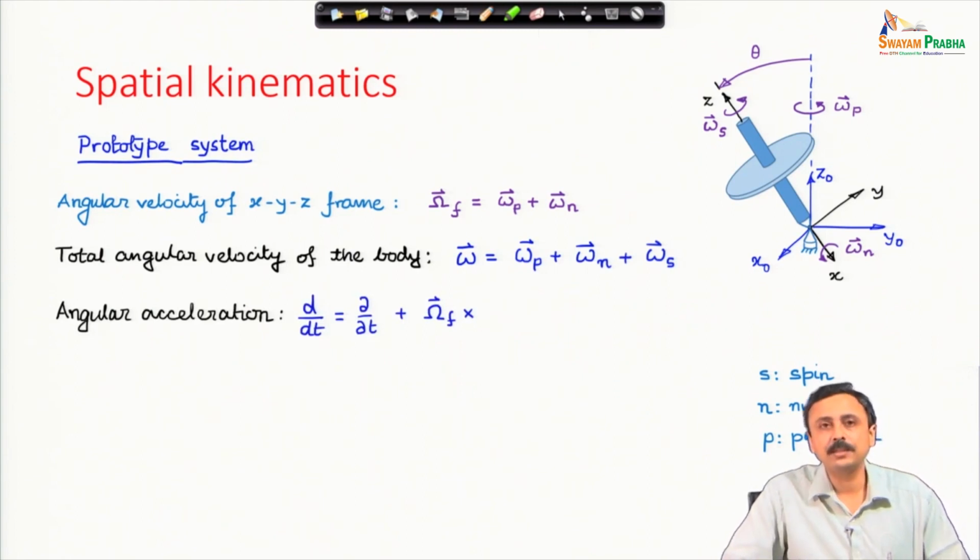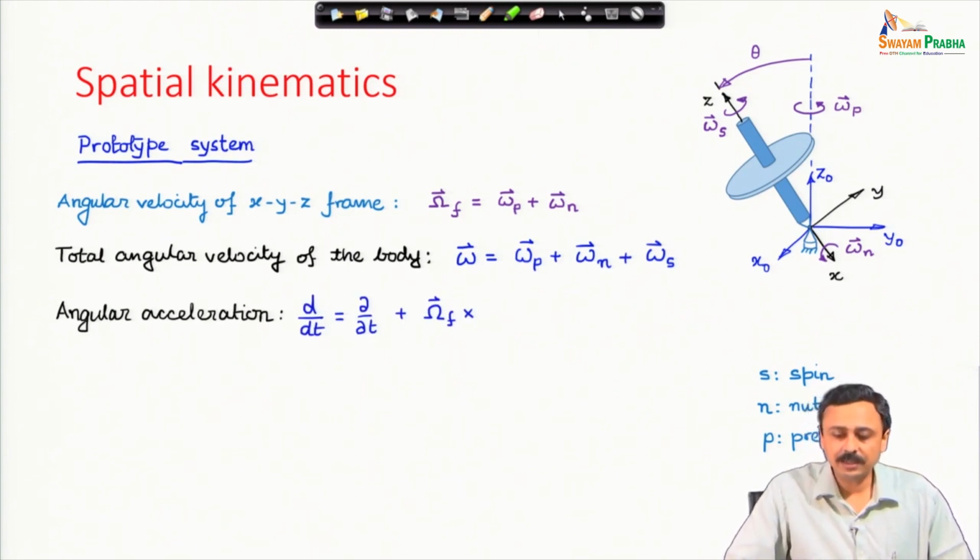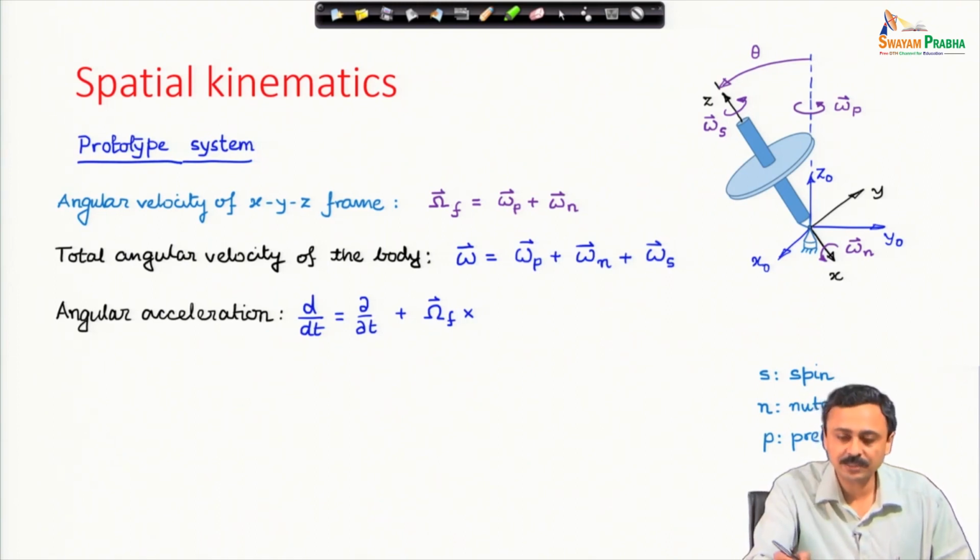Now, angular acceleration. Because x y z is a rotating frame, if I have to find the angular acceleration, I have to differentiate with respect to time the angular velocity vector. Because we are in a rotating frame, the d dt operator becomes del del t, which is the local derivative as seen by the observer fixed to the frame, plus omega frame cross. This we have discussed in kinematics.